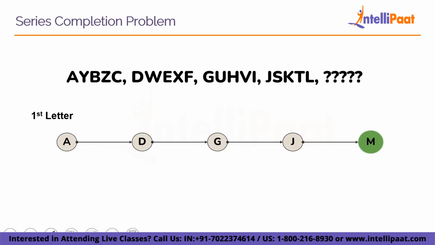Our first letter is A, then D, then G, then J, and in the fifth element we should get M as the first letter, because according to this approach we are doing +3 on every alphabet, right?